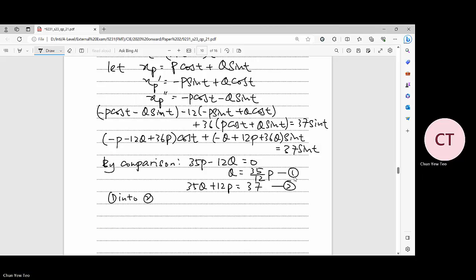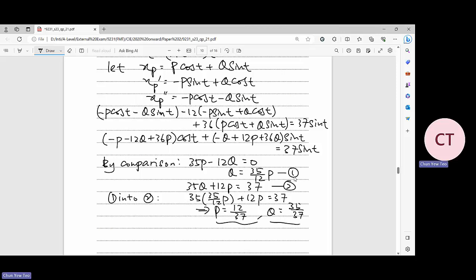Substituting 1 into 2, you get 35 of q plus 12p equal to 37. From here, you can find your p: p will be 12 over 37. Then put it back into equation number 1, your q will be 35 over 37.